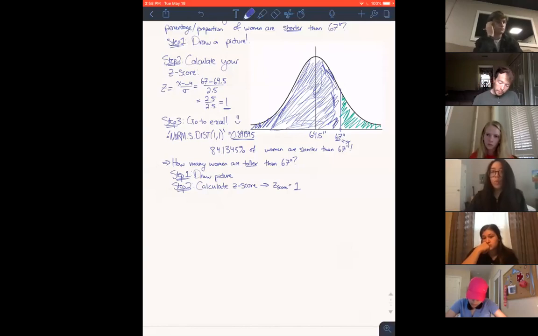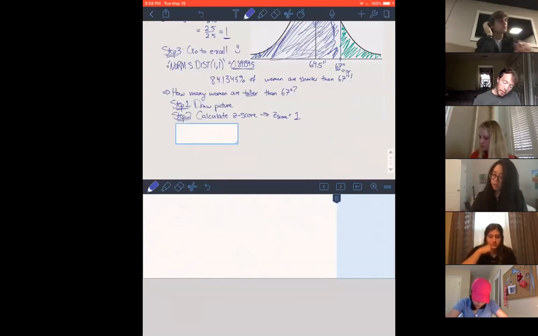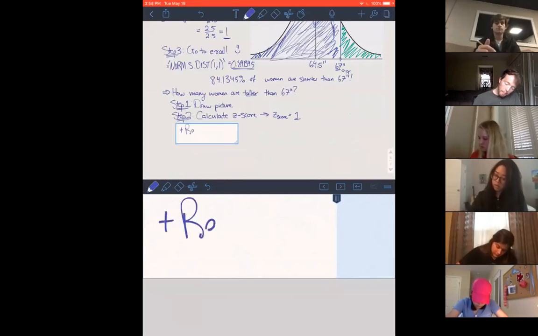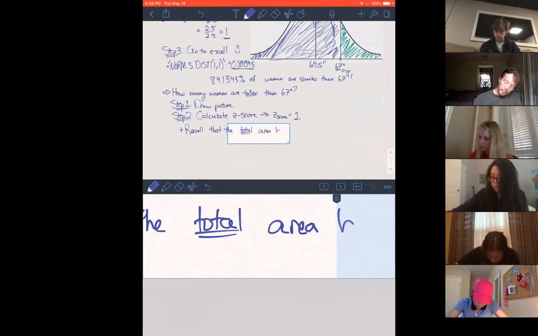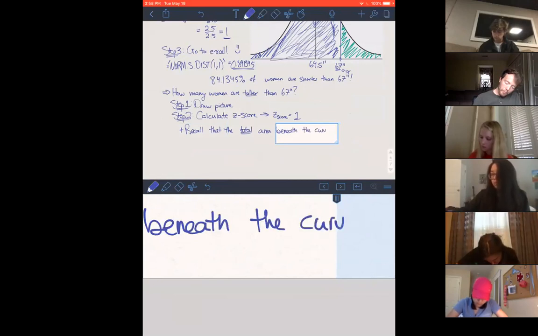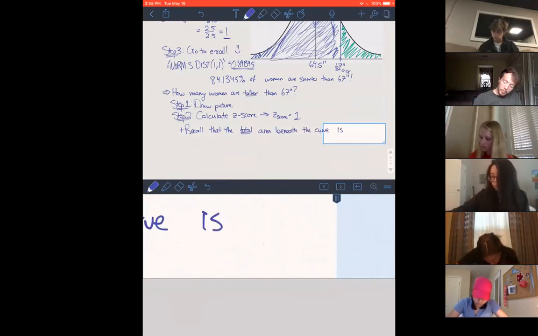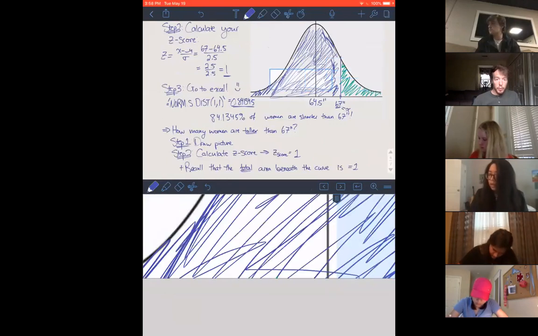So what we do is recall that the total area beneath the curve is equal to 1, right? So this total area is equal to 1, and we know the area in the blue.